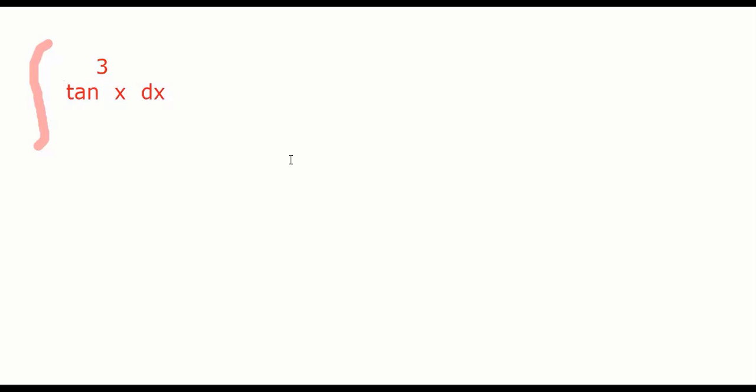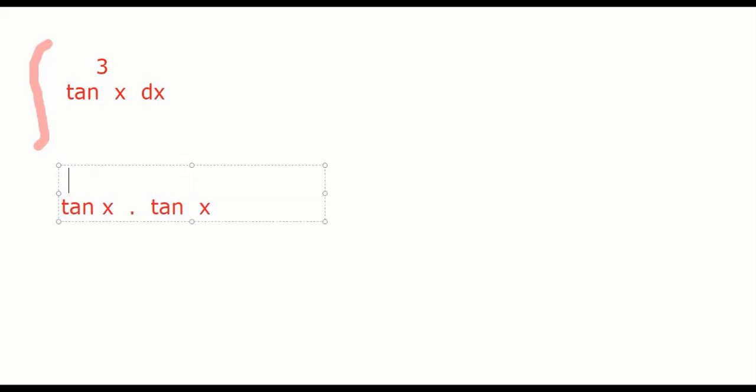We always have to bring something into a form of integration that we either know, or otherwise substitute, or put in a form which we can easily manipulate. The simple idea is to write tan cube x as tan x multiplied by tan square x. And why are we doing this?